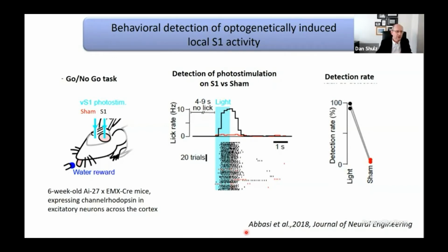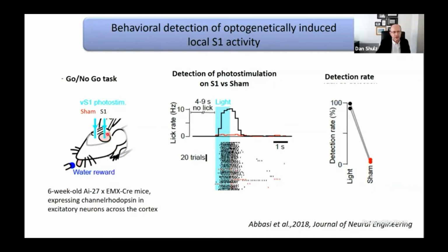These are Ai27 Emx-Cre mice that express channelrhodopsin in excitatory neurons. And the first test that we did is that we checked if the animal can detect the optogenetic stimulation and show a detection through an overt behavior, in this case, licking for obtaining a water reward. And it is the case.